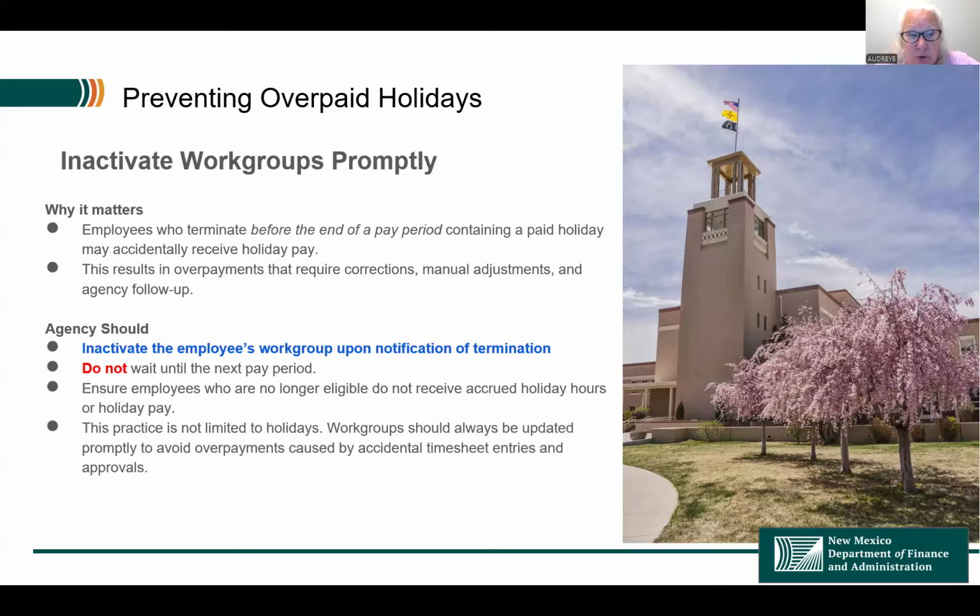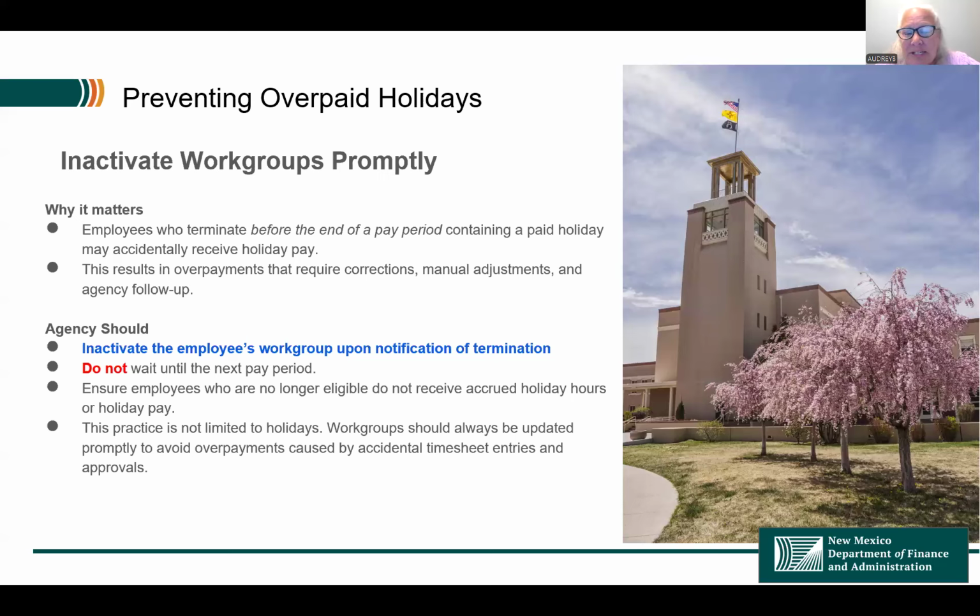And if my work group has not been inactivated, I could potentially be paid for that day. So that's why it is very, very important to make sure that we inactivate the work group on the 3rd of July to ensure that they do not get paid for that 4th of July holiday.